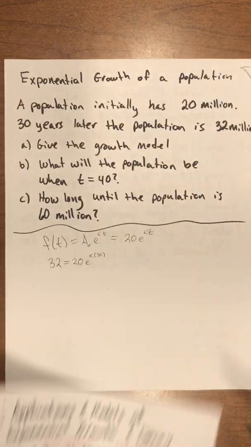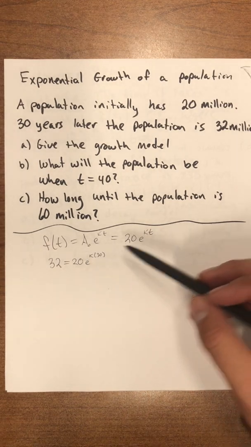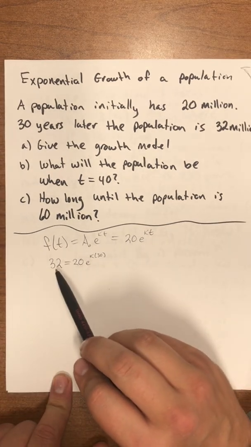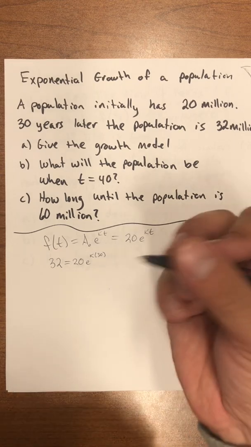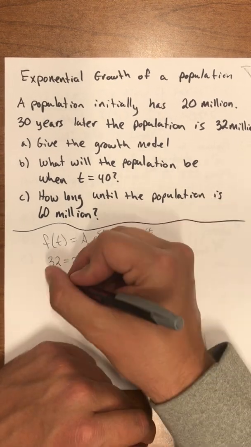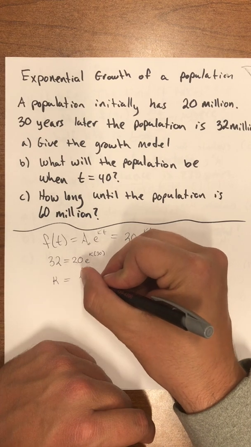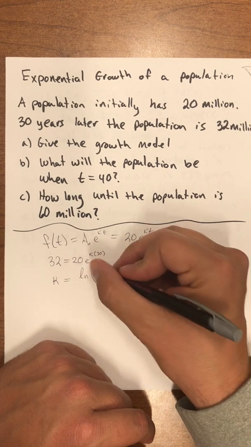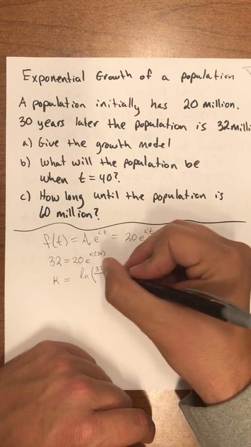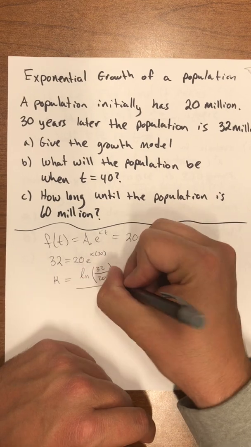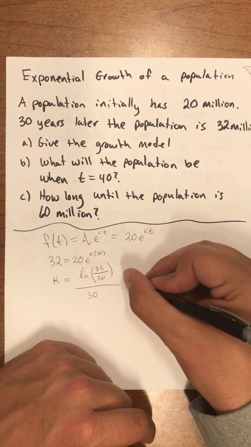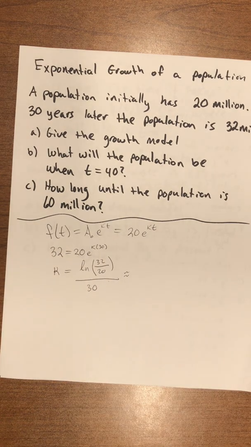T1 and A1 are specific amounts, so here in this example we have those amounts. There's A0, there's A1, there's T1. We don't have to reinvent the wheel; we can just use what we've already solved here. The natural log of 32 over 20 divided by 30 is the exact value for k. And let me type that into the calculator real quick. I didn't have that pulled up.